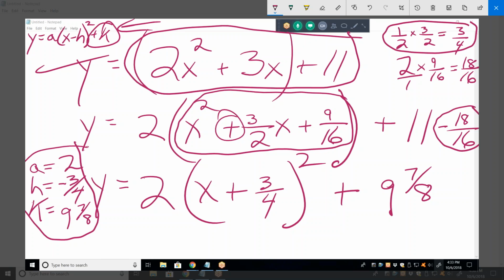The reason you do it is because once I have it in vertex format, now I know where the vertex is. Vertex is at -3/4, 9 7/8. And I know the A is just a vertical stretching. So instead of a parabola like this, it would be a parabola more like that. The 2 makes it skinny.